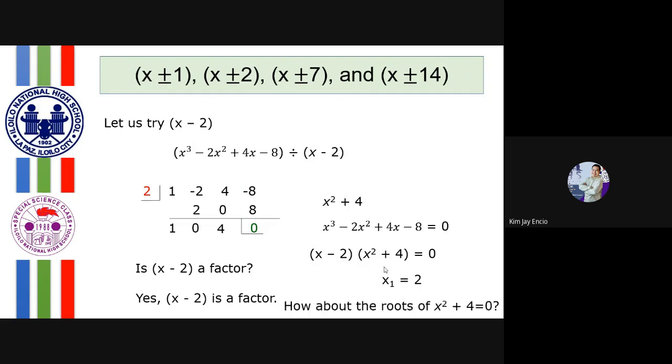How about the roots of x squared plus 4? You may use the quadratic formula if you wish, or adding negative 4 to both sides, we have x squared equals negative 4. Now we take the square root of both sides. But we have to remember, from our lesson last first grading period, and even in your grade 9, that if you take the square root of both sides, there should be a plus minus symbol in between. So we have plus minus the square root of negative 4.